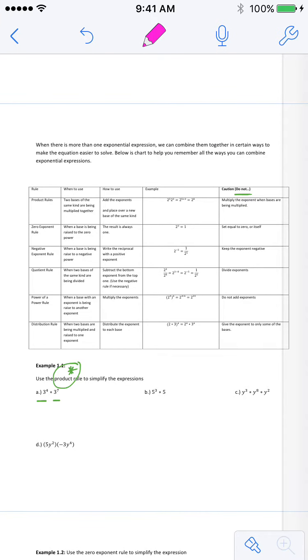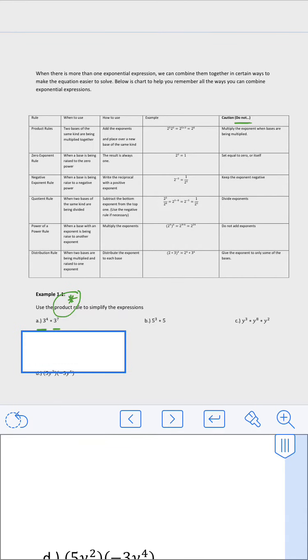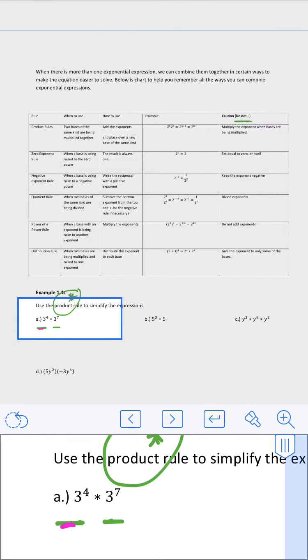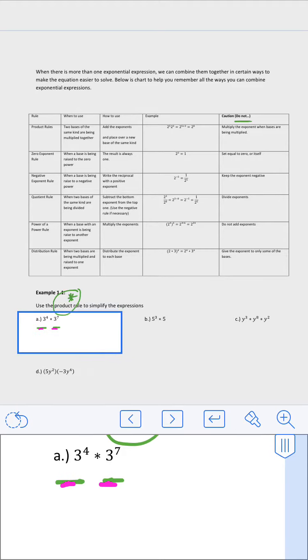Now let's recall, what is a base? Well, the base is the number that is being squared or cubed or to the 4th, right? So in this case, the 3. These guys both have a 3, so the product rule does apply here. If this was a 4 to the 4th and a 3 to the 7th, the product rule will not apply here. So we need to have the same base.